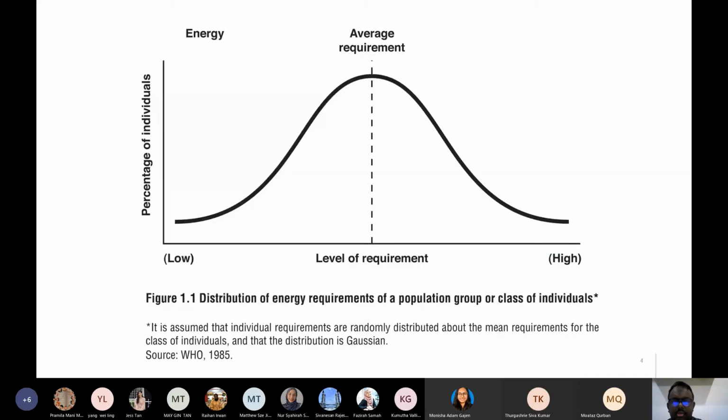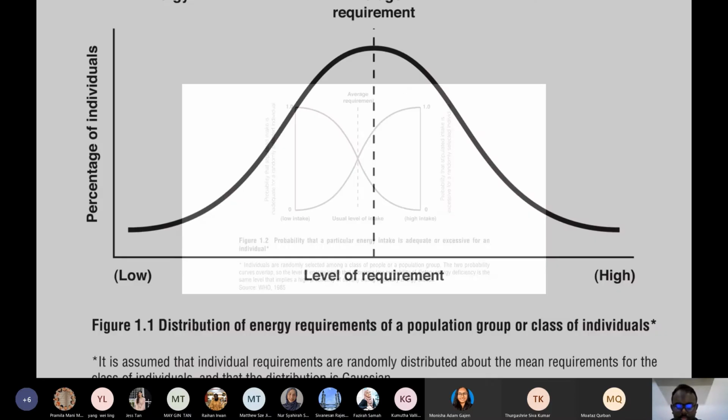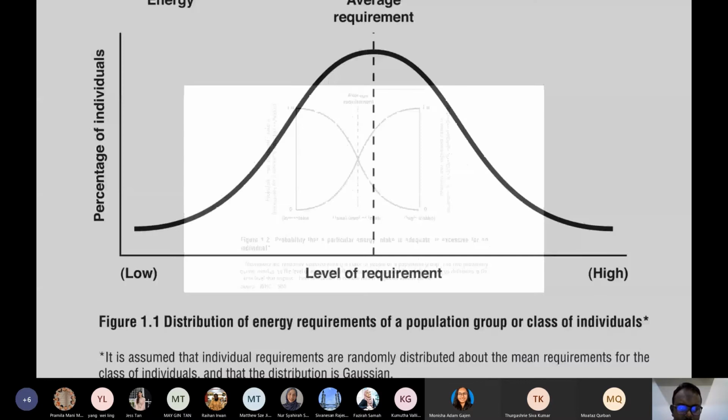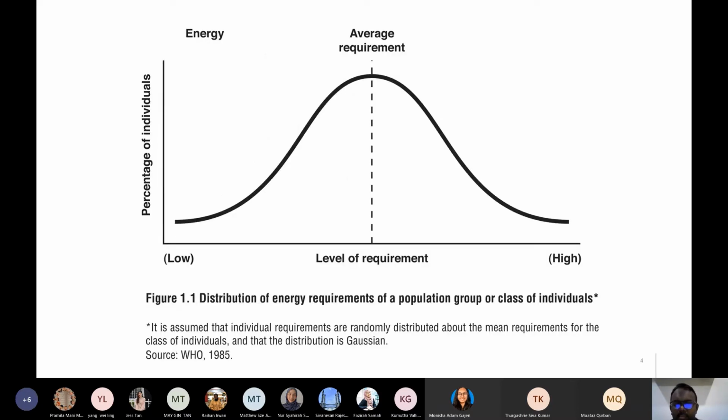So this is the distribution of energy requirement of a population group or class or individual. When you tabulate them in a graph where the y-axis is the percentage of individuals and the x-axis is the level of requirement from low to high. So this is for energy.